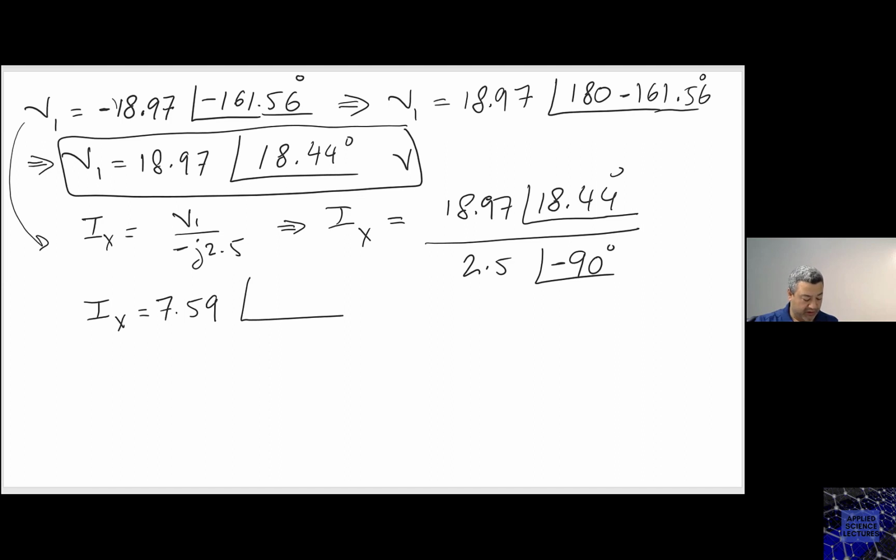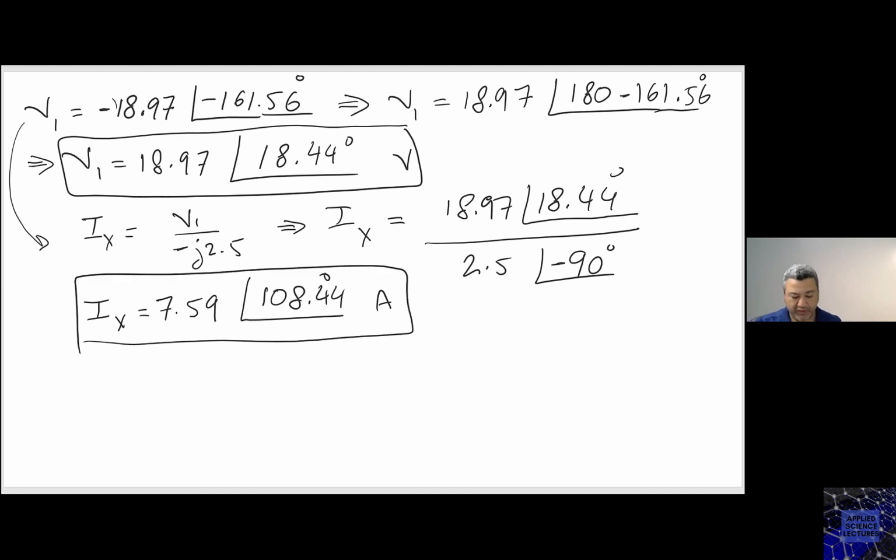So we have 18.44 plus 90 degrees, and the angle would be 108.44 degrees. We're not done yet. This is the phasor representation. Now we're going to go to the time domain.